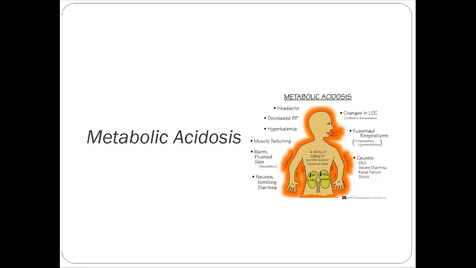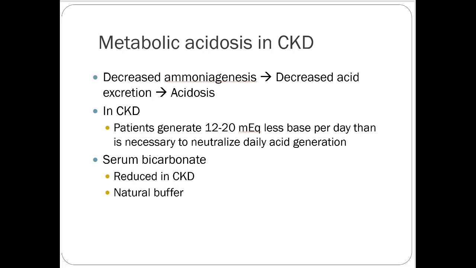Okay, now we're getting to some of the more complications of managing a CKD patient and how we might need to treat them. So, metabolic acidosis. Patients who have CKD tend to be on the acidotic side. Remember, our buffer system within the kidneys is not going to be functioning optimally, mostly due to decreased production of ammonia, which leads to decreased acid secretion, which causes a buildup of hydrogen ion.